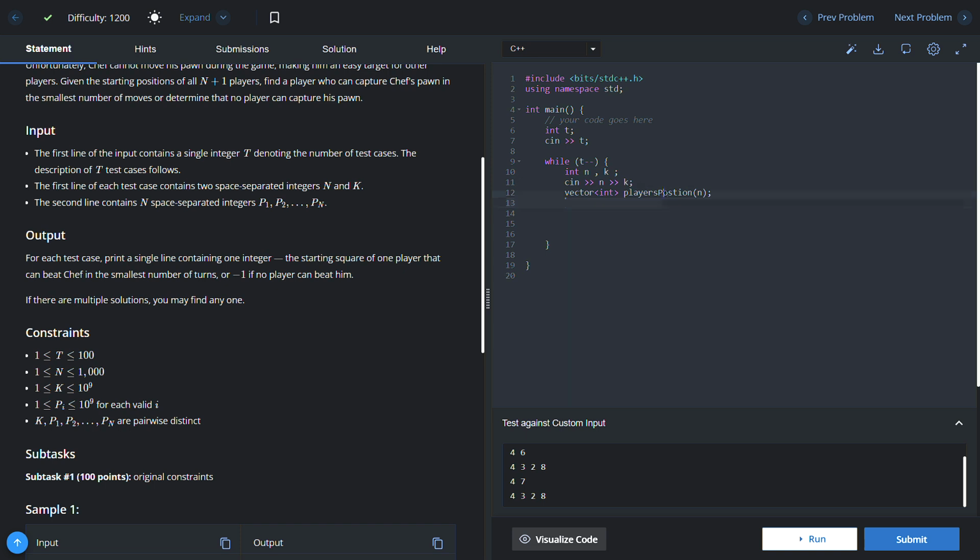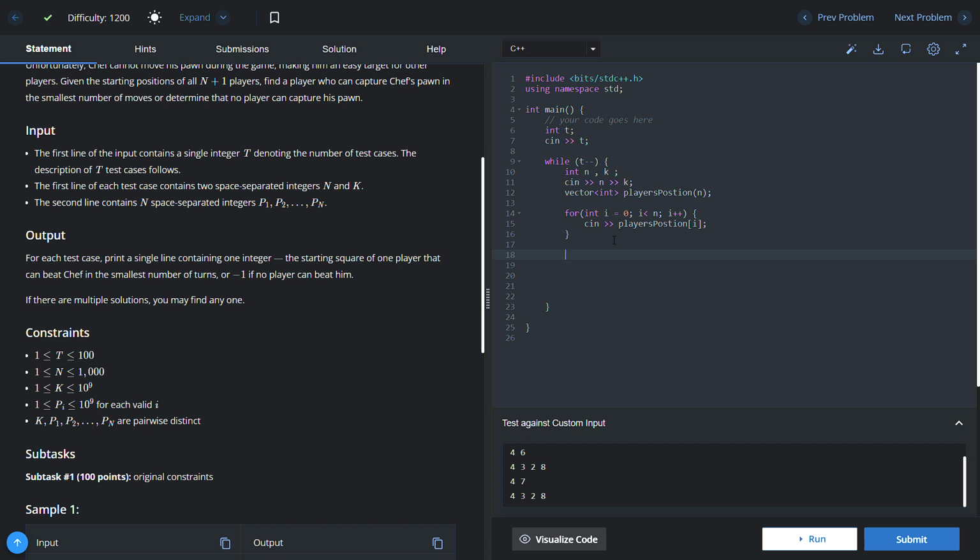Right, now we will take input for this: int i equals 0, then it moves to the last position, that is n. Then we have to take input for the player's positions, that is p[i].